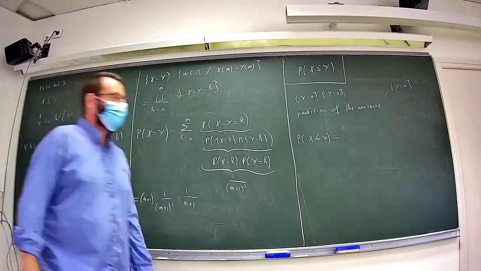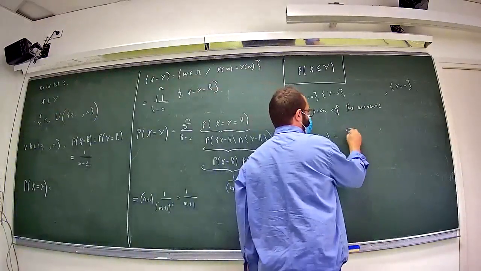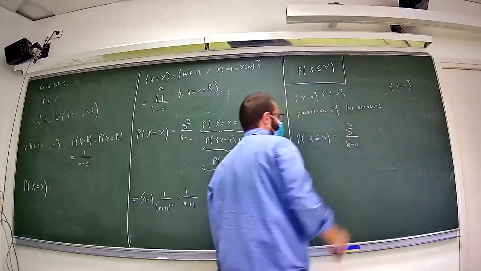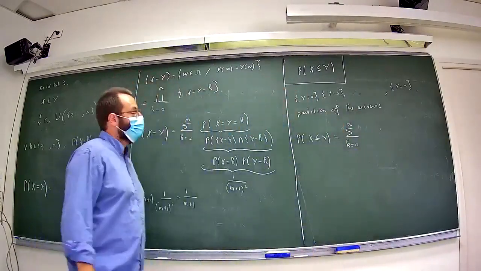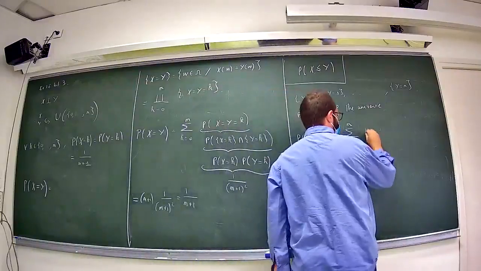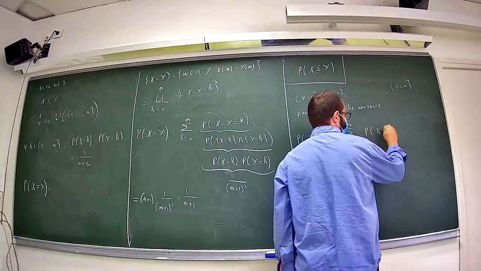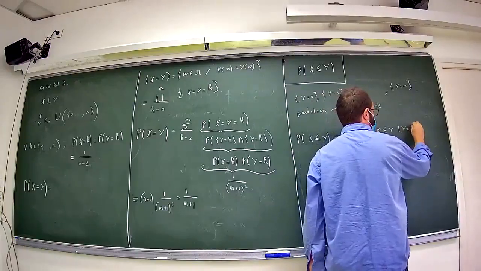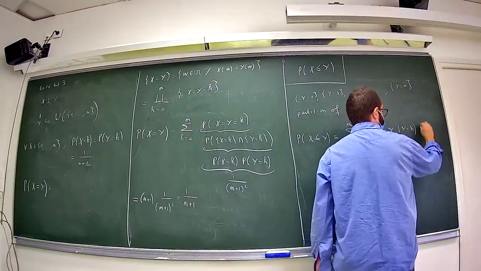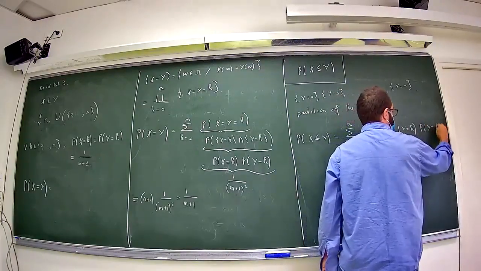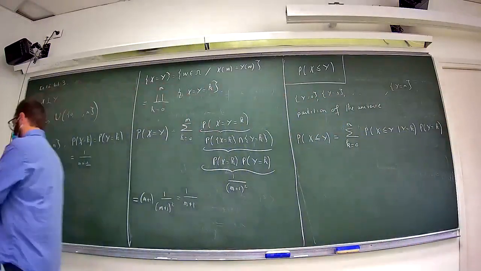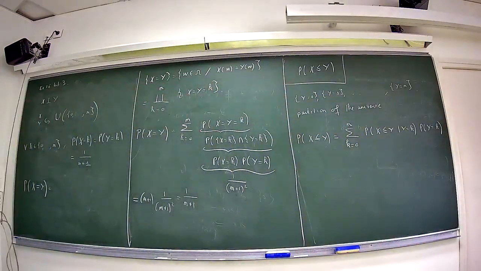This is the probability that X is less than Y, given that Y is equal to k, multiplied by the probability that Y is equal to k.